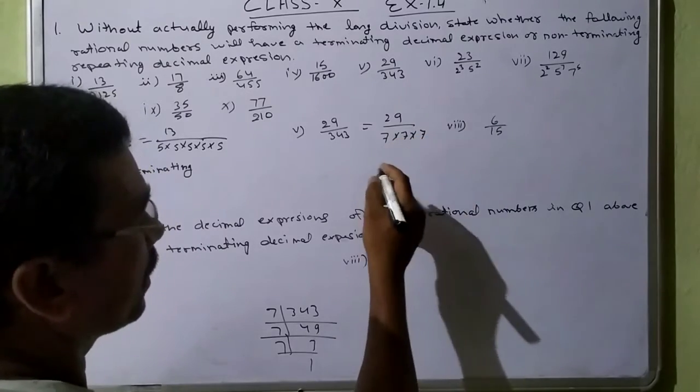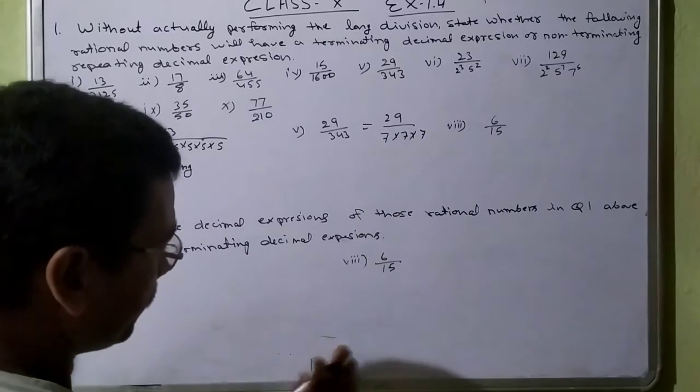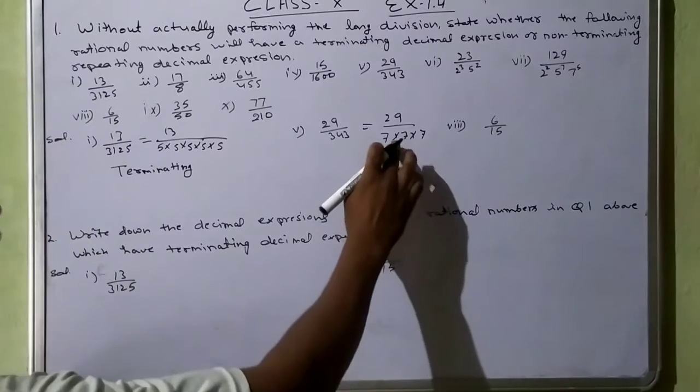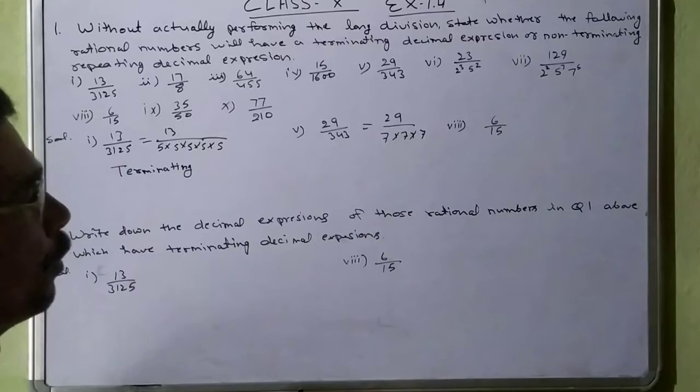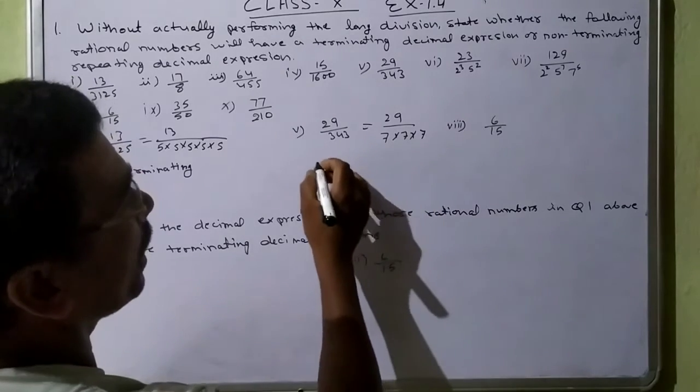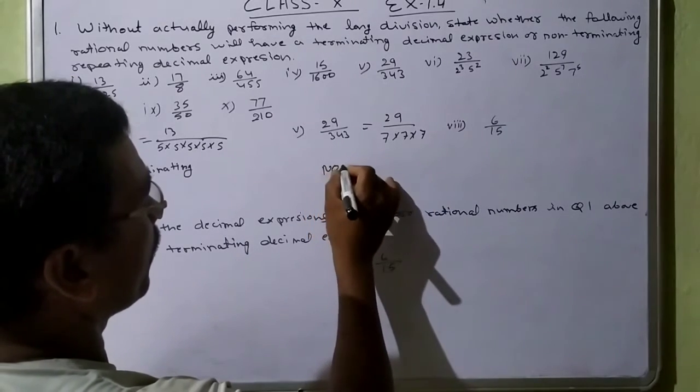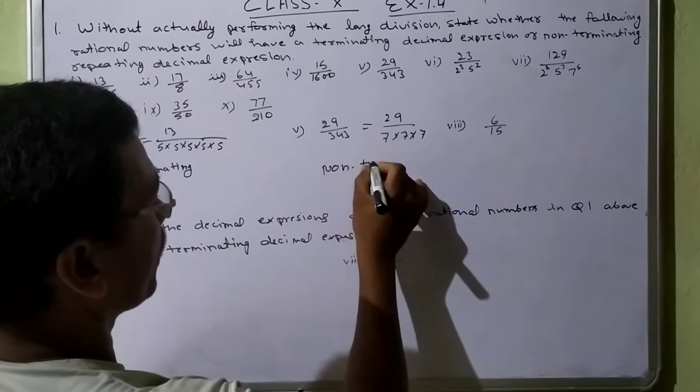So 7 is a prime number. Here you are not looking at 2 or 5 or both. It means that it is non-terminating.